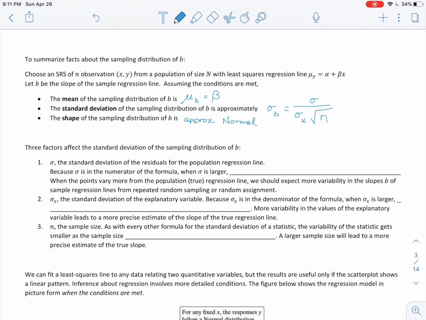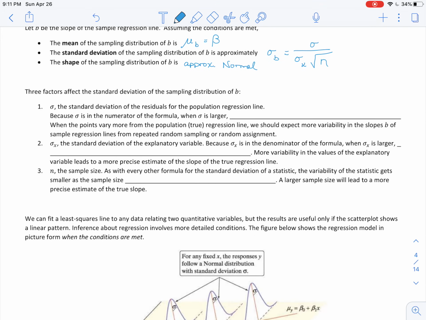And this formula has some things that we could talk about. I'm not going to talk about where it comes from, but the key things that we need to think of is how it influences the variability of your sampling distribution of sample slopes. Because the standard deviation of the residuals is in the numerator, when that number is larger, that's going to make the whole thing larger. If you start with a bigger number and divide by something, your result is going to be bigger than if you had started with a smaller number.